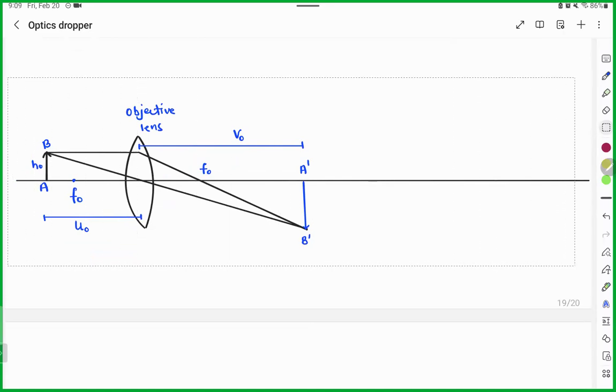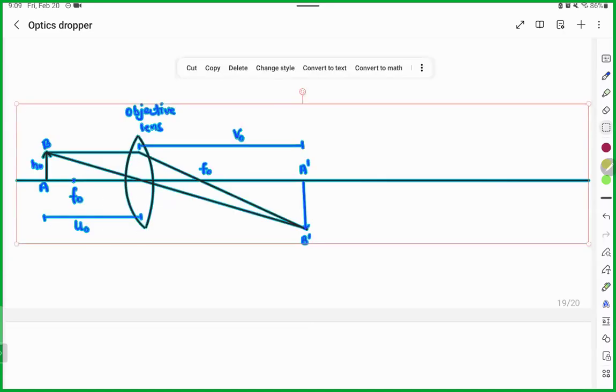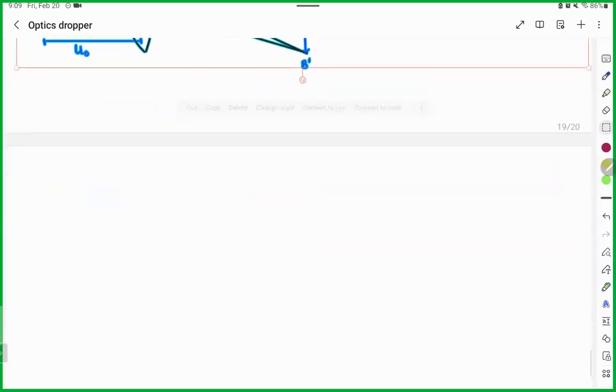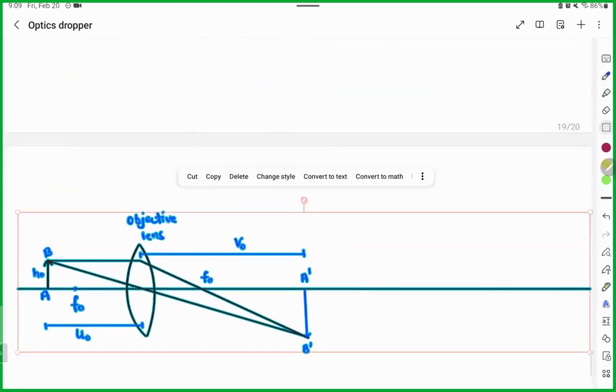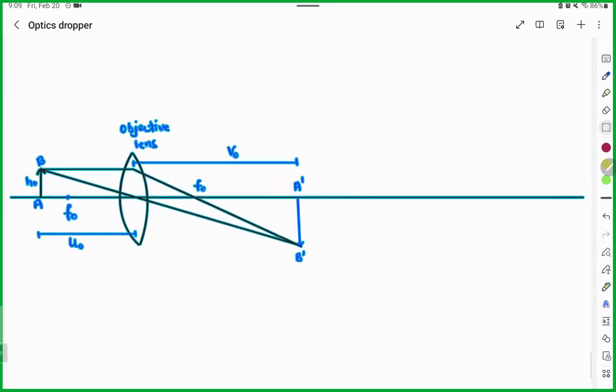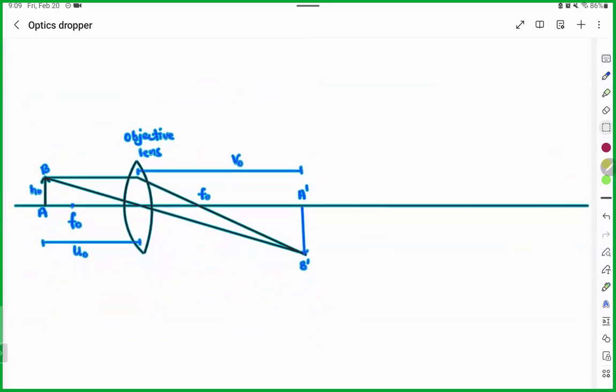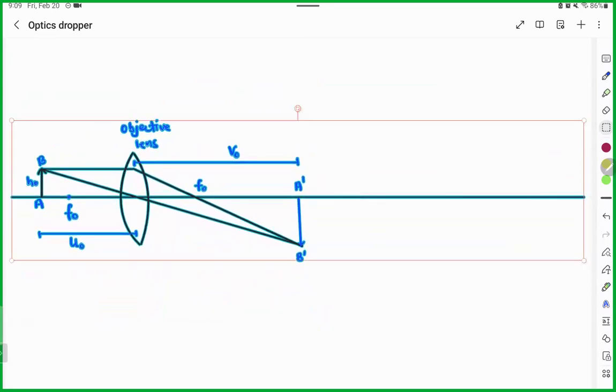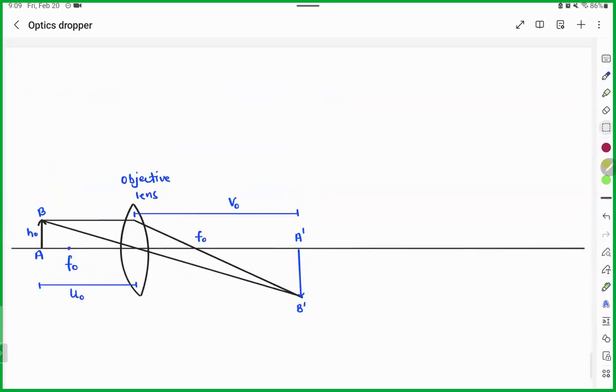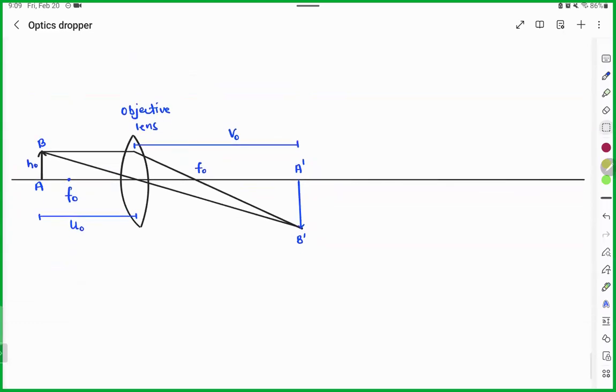We need more space. Now this image formed by the objective lens will act as the object for the second lens, which is known as the eyepiece.